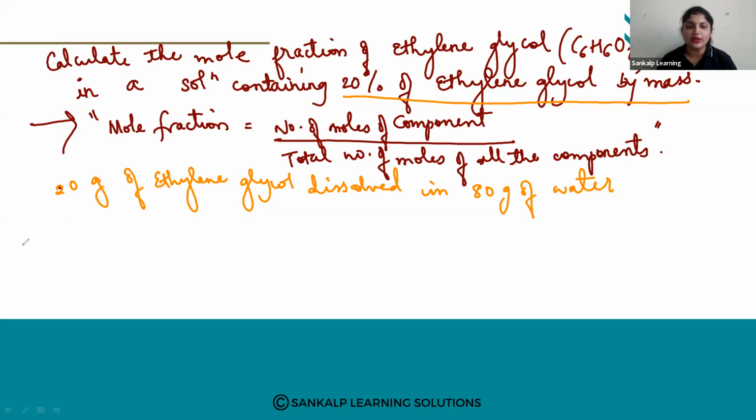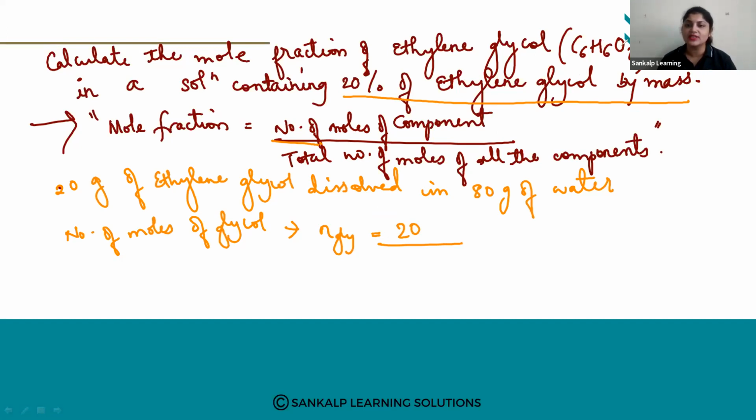Now you have to calculate the number of moles. First, the number of moles of glycol. It is 20 divided by the molar mass. How do you calculate the mass?